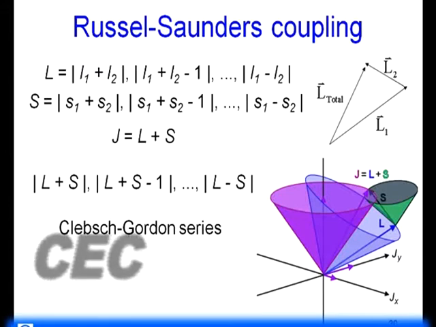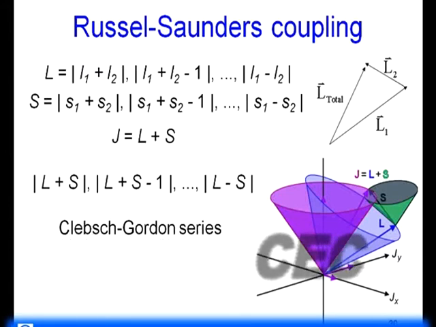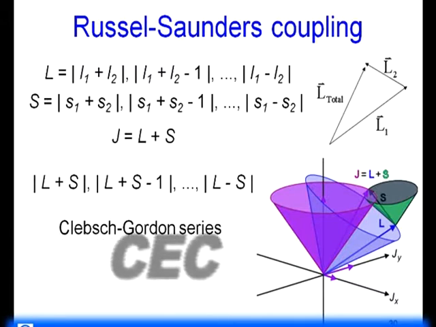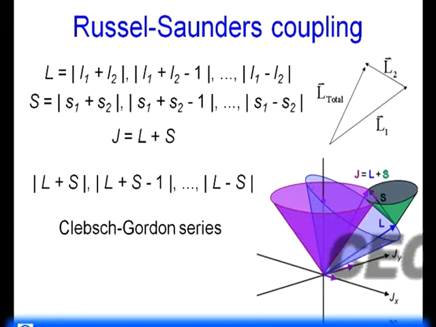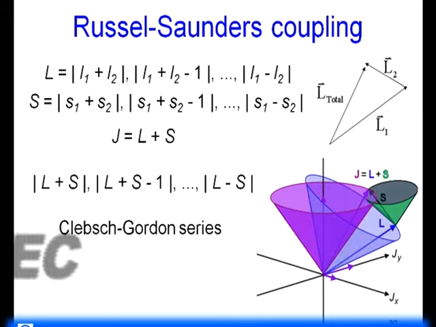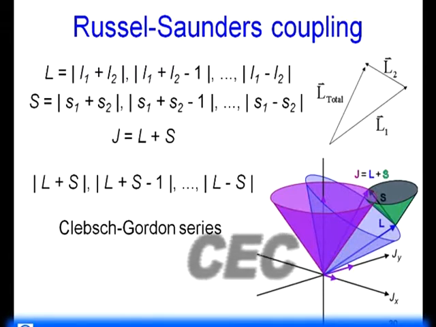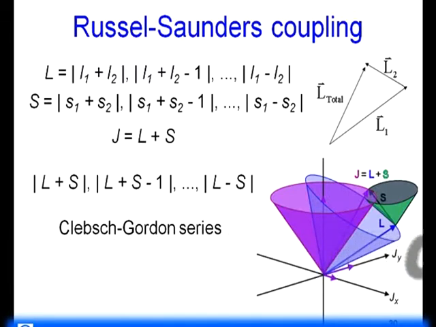So this is the kind of coupling that happens. Suppose you have L1 and L2, you get the L total by doing a vector addition, which is quite complicated, but fortunately there is a Clebsch-Gordan series which tells us that you take the electrons, you keep on adding the orbital angular momenta quantum numbers L1 plus L2, keep on subtracting 1, take the absolute magnitude until you get L1 minus L2.